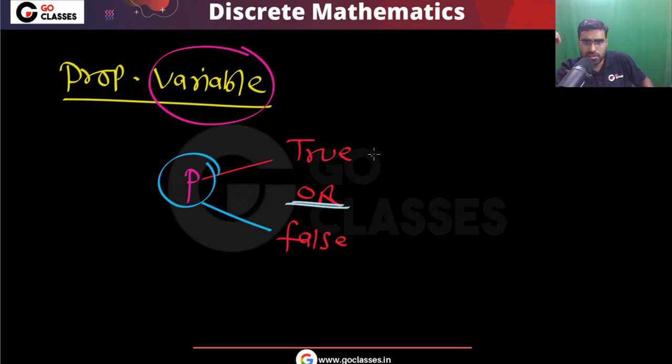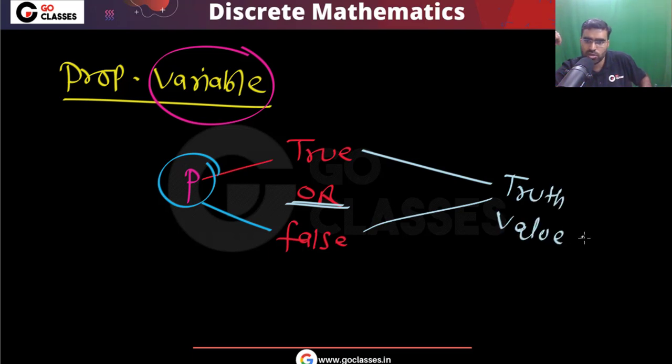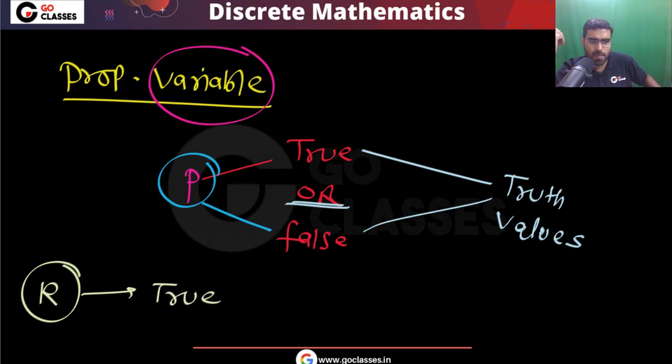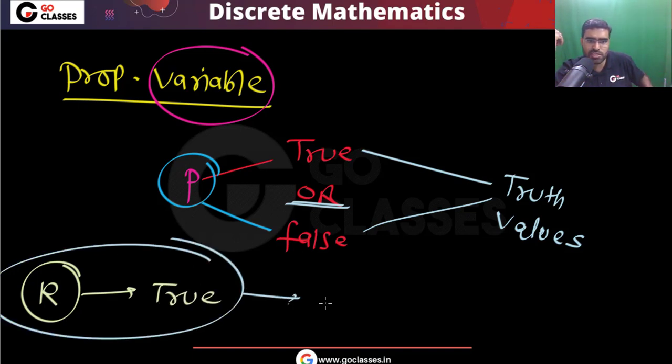Now remember, these things are called truth values. For example, let's assume R is true.